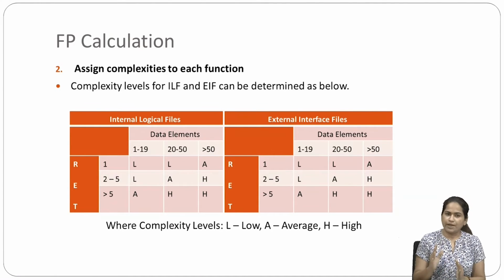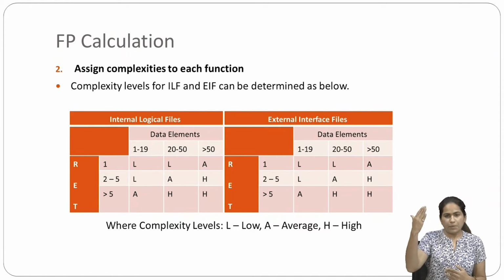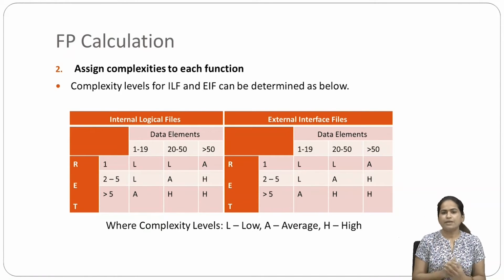RET is 2 to 5, data elements are 20 to 50, then your complexity will be average. RET is 2 to 5, data elements are greater than 50, then your complexity will be high. And suppose your RET is greater than 5 and data elements are 1 to 19, then the complexity will be average. RET is greater than 5, data elements are 20 to 50, then complexity will be high, and so on.